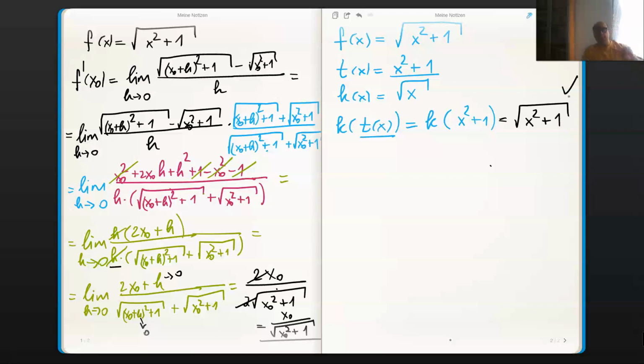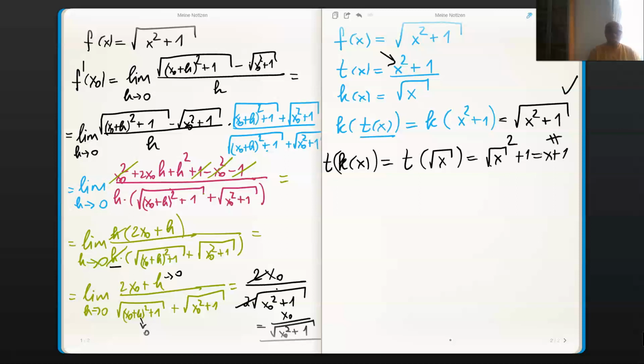Make sure you understand that if you change the order, it won't be right. K of t of x is fine, but t of k of x wouldn't be fine. It would be t of, what is k of x, the square root of x. What does t do with x? Well, it brings it to square, and then it's adding 1. So the square of the square root of x plus 1 is just x plus 1.